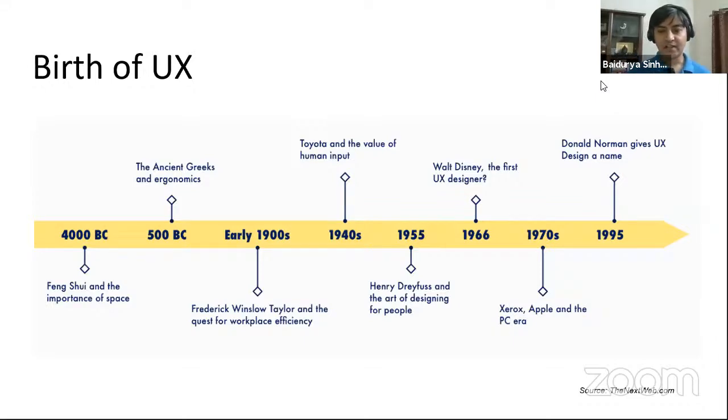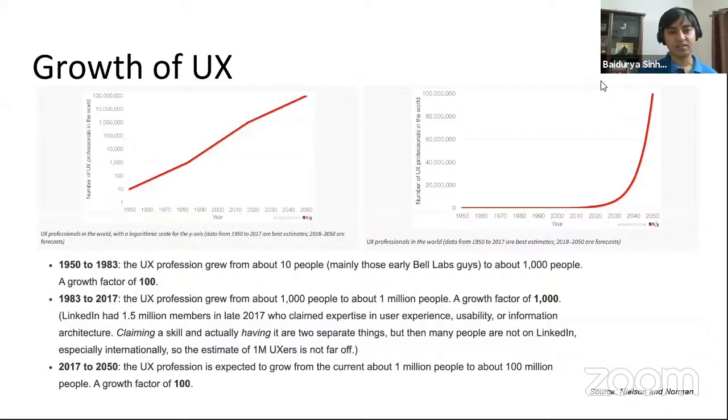So moving on to the next slide, let's look at how UX has grown over the years and how it is predicted to grow in the next few years. This is data from the Nielsen Norman Group. The left side graph is a logarithmic scale and the right side is a normal scale graph. If you see this graph, from 1950 to 1983, it grew from about 10 people, mainly in Bell Labs, to around 1,000 people. So the growth factor was around 100.